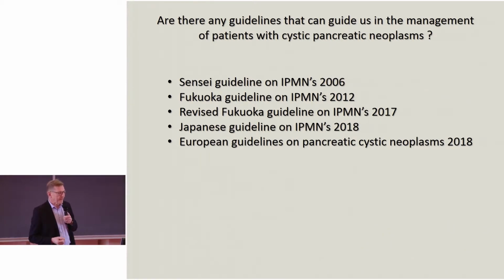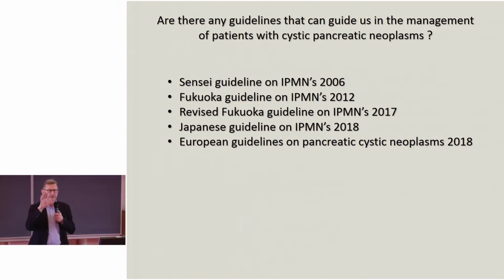Are there any guidelines that can guide us in the management of patients with cystic pancreatic neoplasms? There are a lot of guidelines, and you get confused if you're not really into the details. Sendai guidelines on IPMNs in 2006, Fukuoka guidelines on IPMN in 2012, revised Fukuoka guidelines on IPMN 2017, Japanese guidelines, American guidelines, and recently the European guidelines on pancreatic cystic neoplasm.